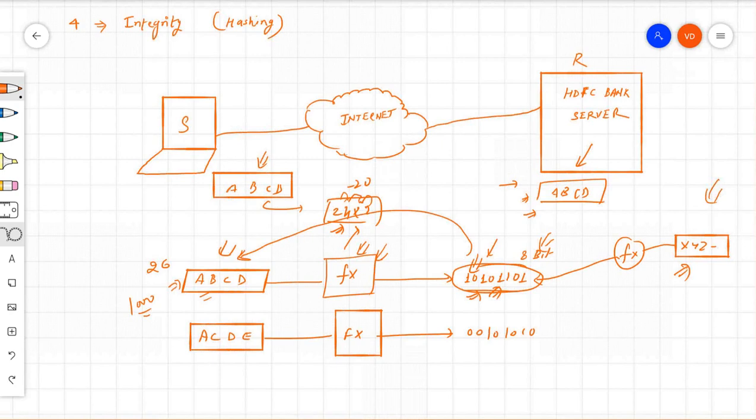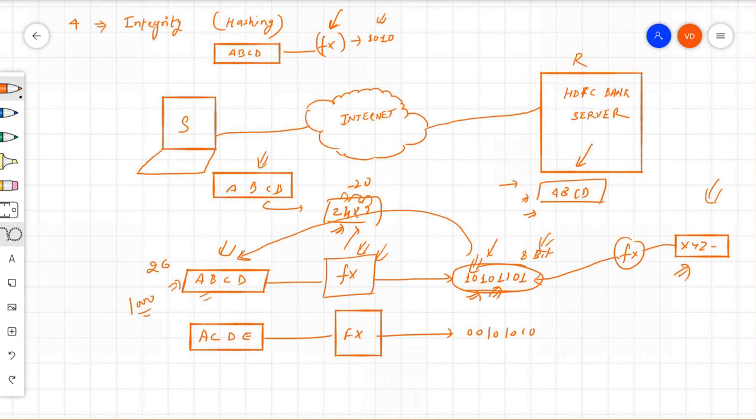So suppose I have this message once again, A, B, C, D. I pass it through a function, which is a one-way hash function, and it gave me a value called 1010, right? 4-bit long. It depends on the mathematical function you are using how many bits this is going to be. If you want more security, it should be more.